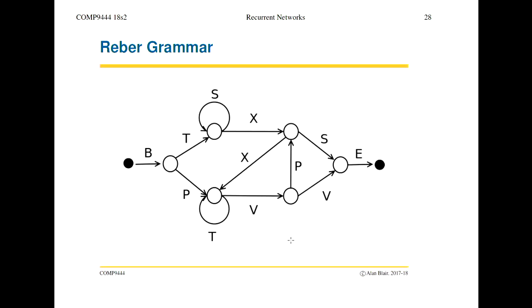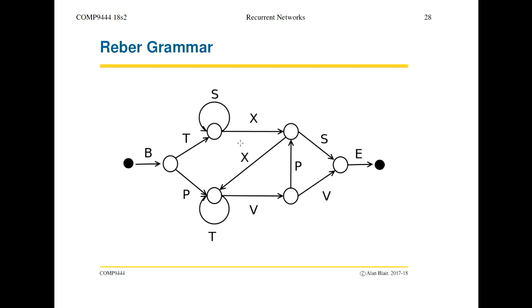So what's an example? From here, you can have either S or X, and the assumption we make here is that they're equally likely. So in terms of the outputs, if the string you saw was BT, then what you should predict is 0.5 for X, 0.5 for S, and 0 for everything else.